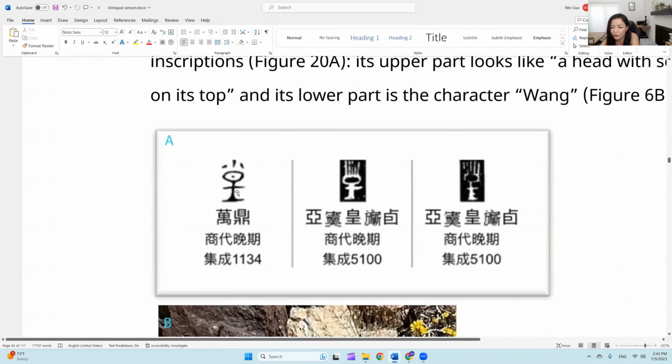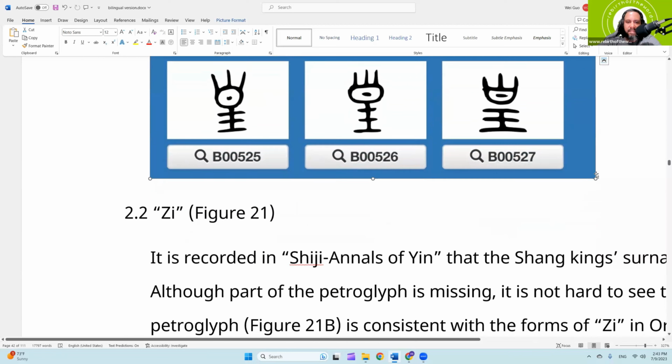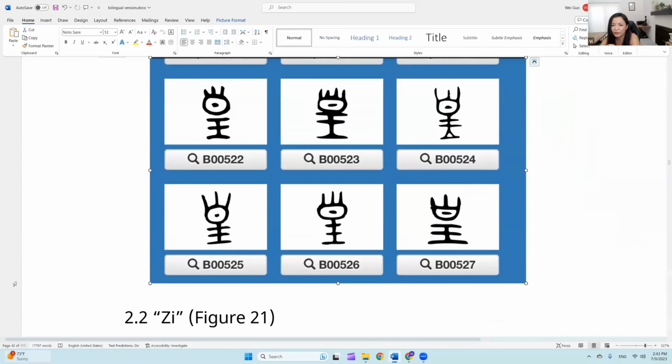So here the character Wang has two basic forms. One is like this, like a triangle with a bar end. Here this is Wang. Also, I'll give you more. Yeah, I remember that scene. This is from the American gentleman's website. You see, three lines with the head on top, and the capital Wang at the bottom here, right?